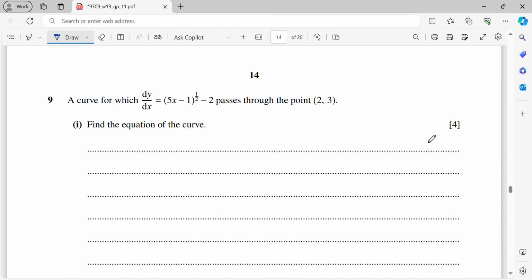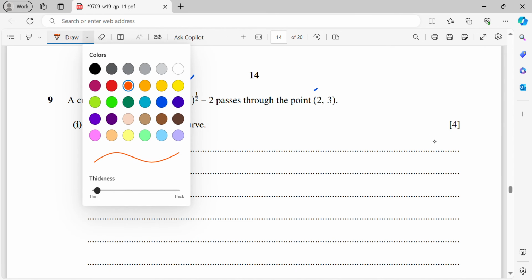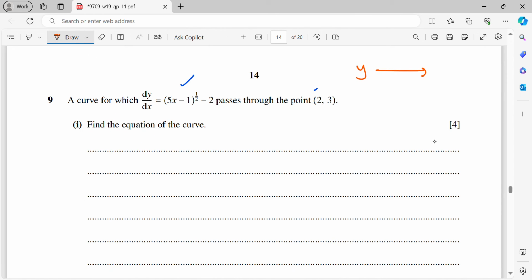Okay, now question number 9. The curve with this dy dx passes through the point. Find the equation of the curve. So for your information, if you are given y, to get dy dx, we differentiate. But now if it is opposite direction, from dy dx to get y, that is reverse process, which is the integration.